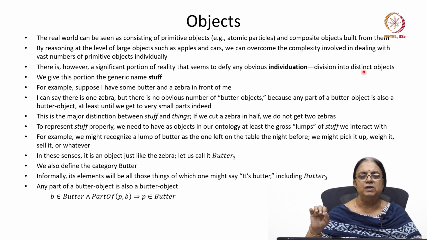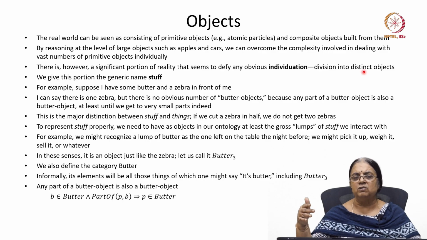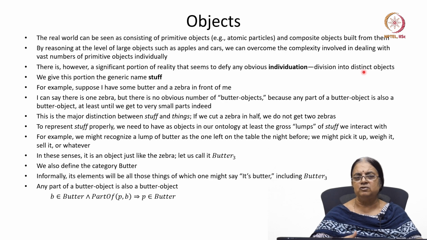For example, a zebra is a distinct object. But suppose you take something like butter. You can cut the butter and it continues to remain butter in the two different parts. Whereas that's not possible with the zebra. So they distinguish between these two: they call the zebra a thing and the butter stuff.